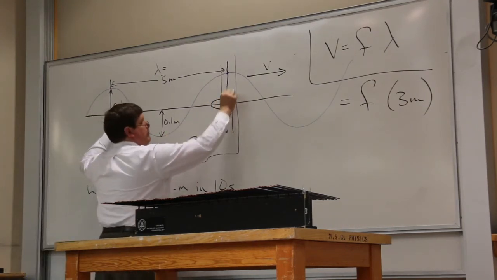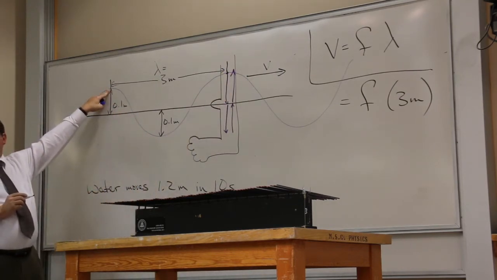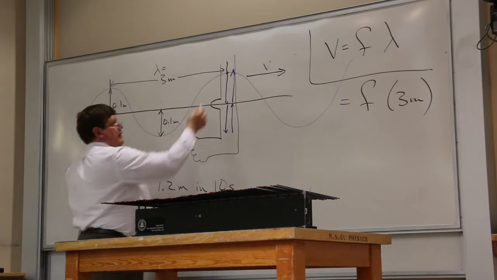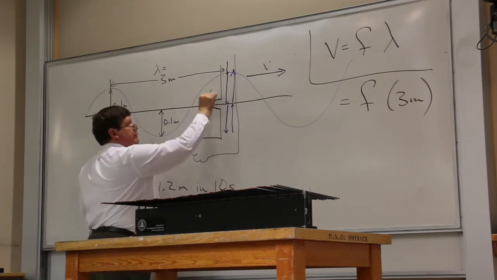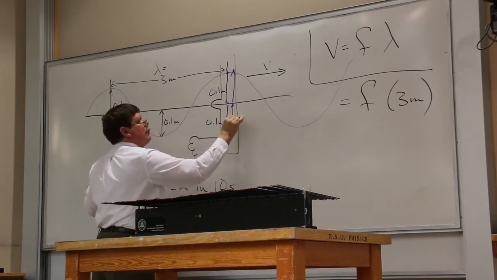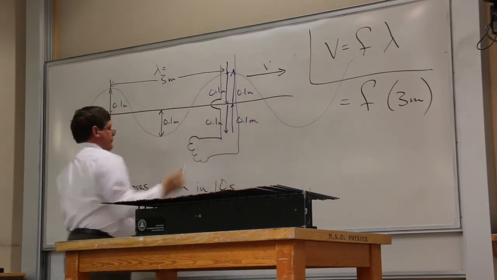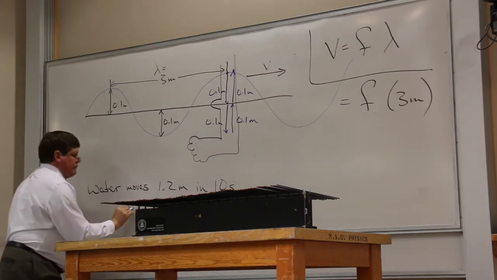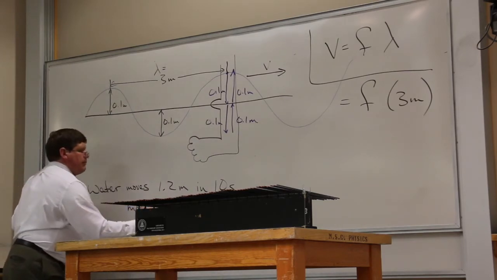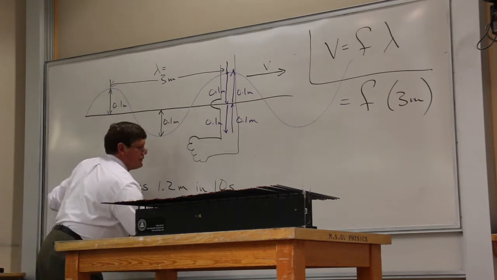And then it's going to go back up to here when this part of the wave reaches your leg. So that means that this water is going to go 0.1 meter down and 0.1 meter down and 0.1 meter up and 0.1 meter up. So it's going to move 0.4 meters in one cycle.